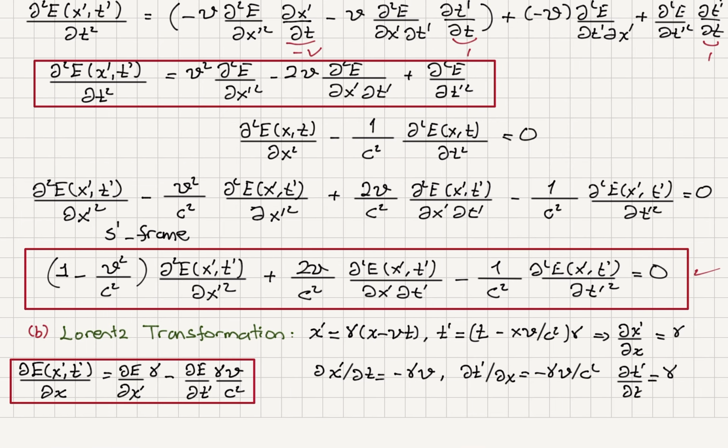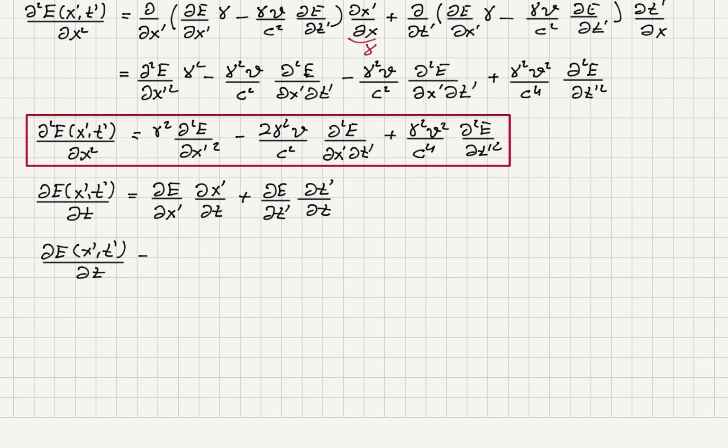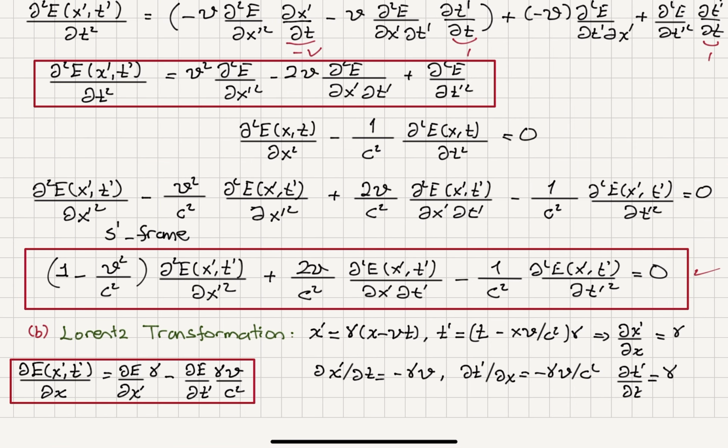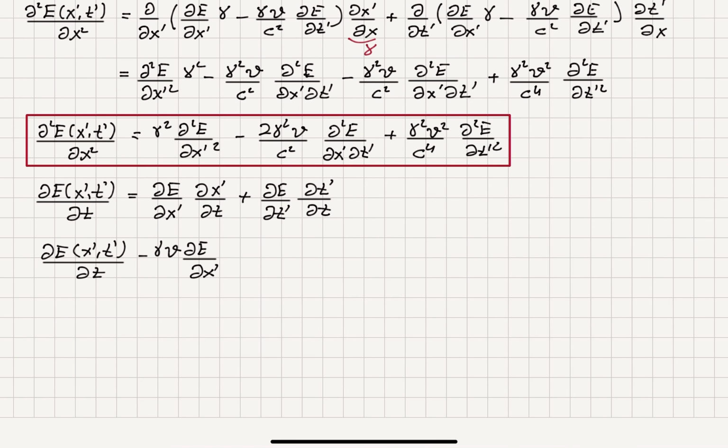What is ∂x'/∂t? It is minus γv. So this is minus γv ∂E/∂x'. And then I have the second term, ∂t'/∂t. ∂t'/∂t is γ. So this is plus γ ∂E/∂t'.